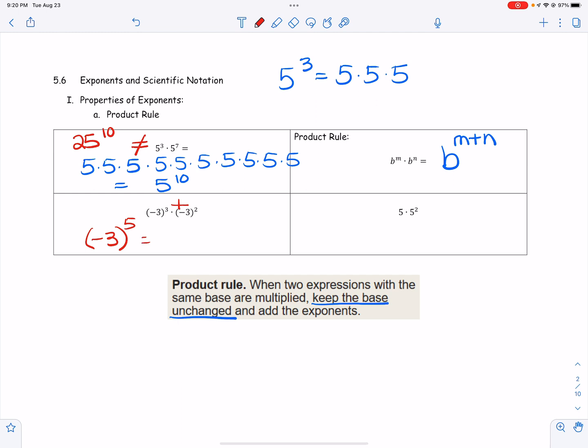I could take -3 times -3 times -3 times -3 times one more, and that's going to be -243, okay? So if they ask you for the exponential representation, it would be -3 in parentheses raised to the 5th power. If they ask you to simplify, that number would be a -243.